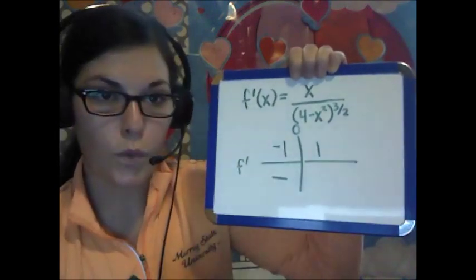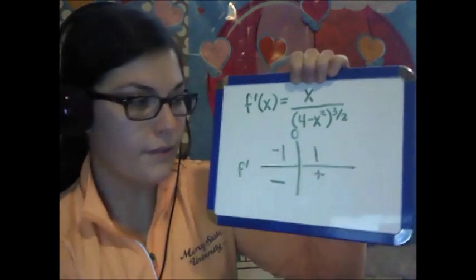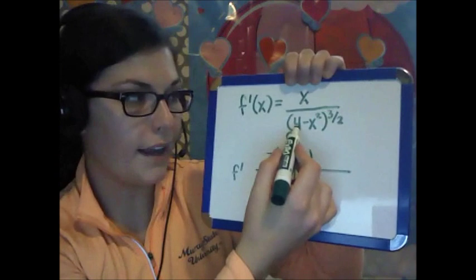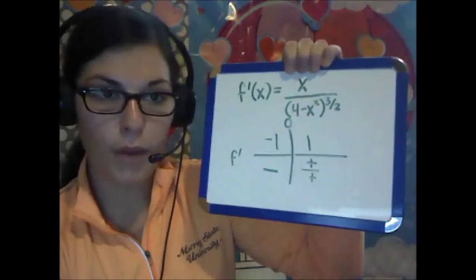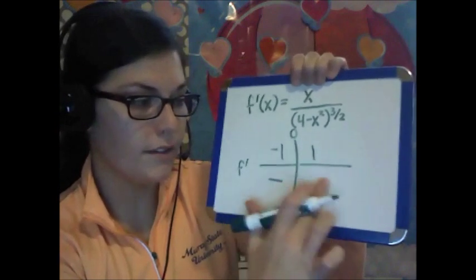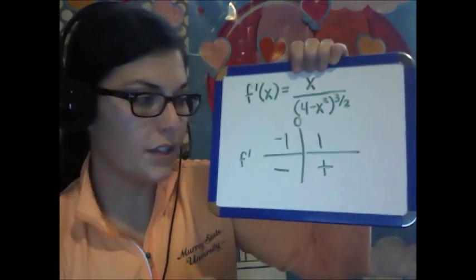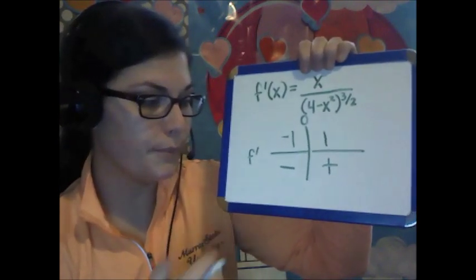Now let's substitute in 1. If I substitute 1 into the numerator, we have positive. If I substitute 1 into the denominator, again, I have 3 to the 3/2, which is a positive value. Positive divided by positive is positive. Now let's take a look at this sign chart to determine where the function is increasing and decreasing.